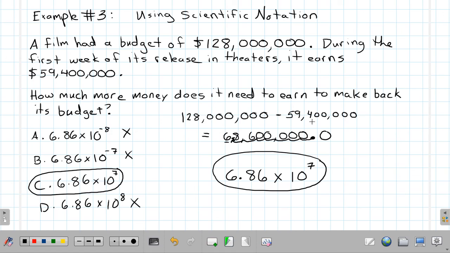Okay, and once again, the whole crux of the question here was you had to subtract these two numbers, get that number, and then after you get that number, put it in scientific notation. So that's where the scientific notation comes in.